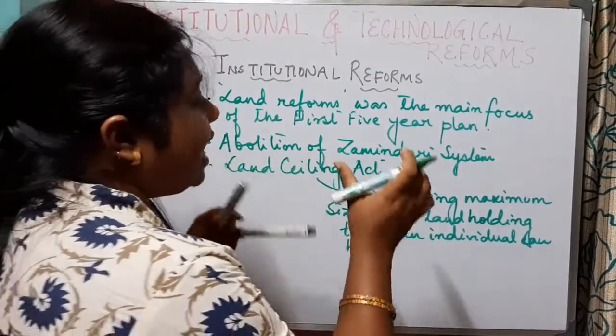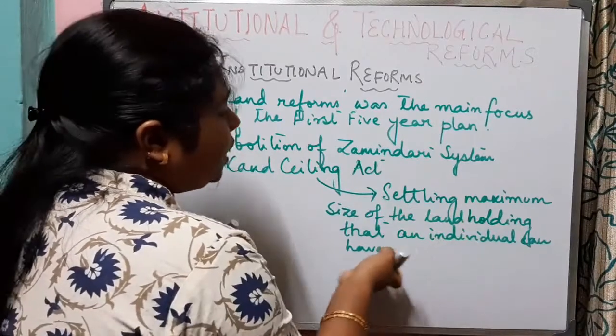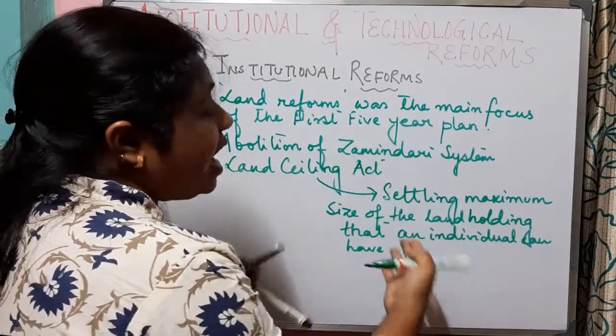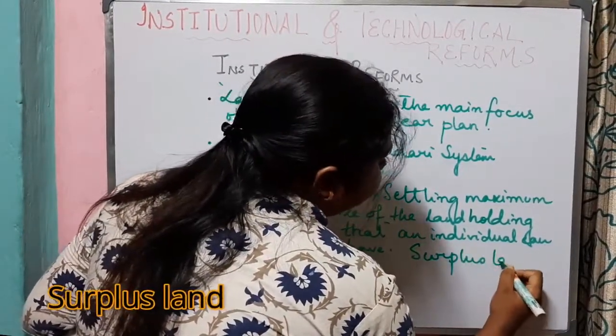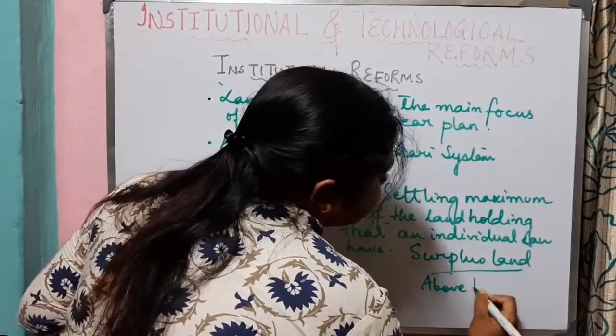That means the land is settled, that this is the maximum size of the land holding that an individual can have. Now, if an individual has land above the ceiling, that land is considered as the surplus land. So, which is the surplus land? The land above the ceiling.